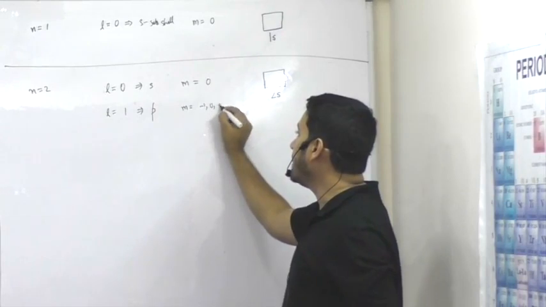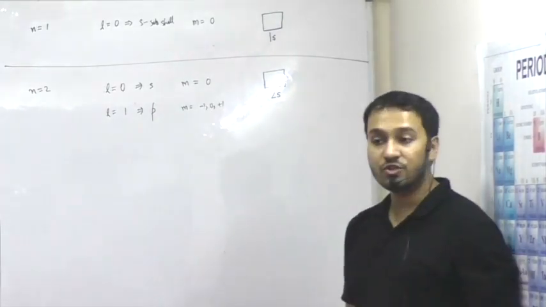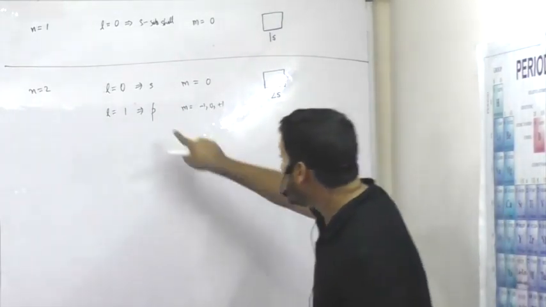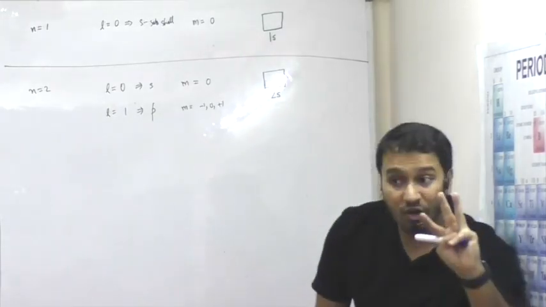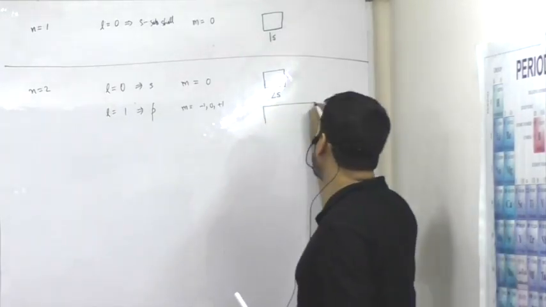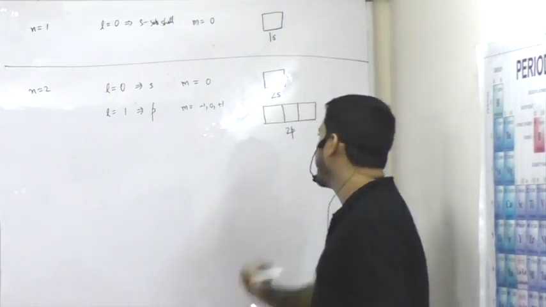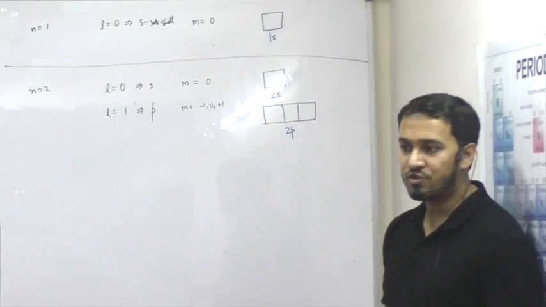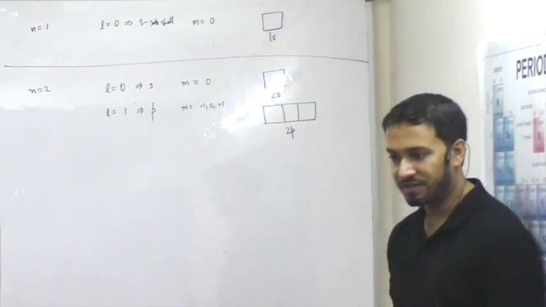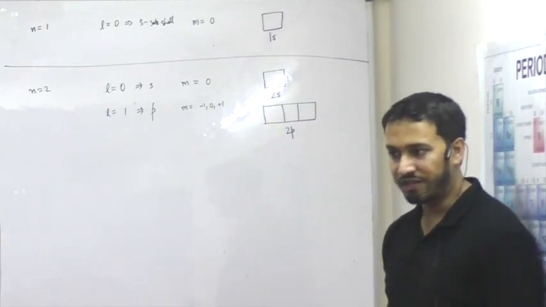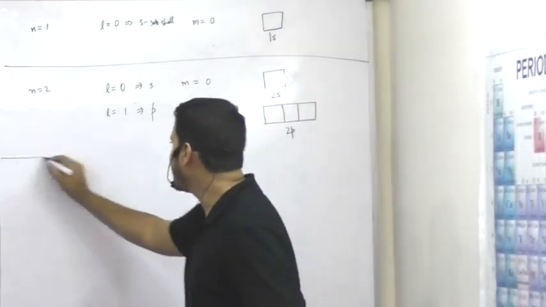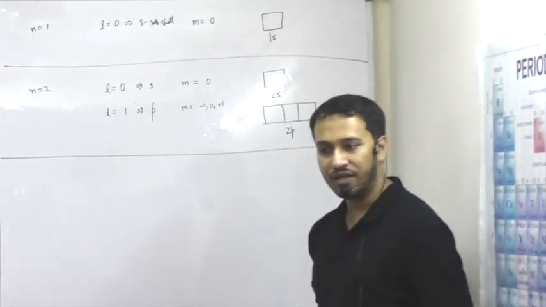Minus 1, 0 and plus 1. How many orbitals do I have? 3. So the P subshell can have 3 orbitals, and I will represent them like this. The P subshell has 3 orbitals like this. Are you getting it? Right. And this is all which is possible in n equal to 2.